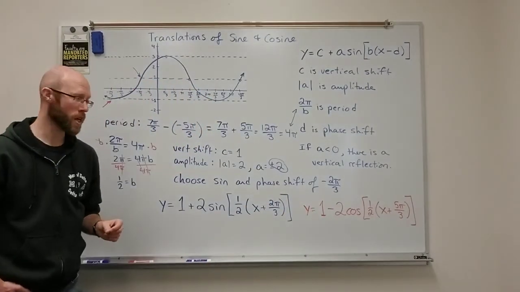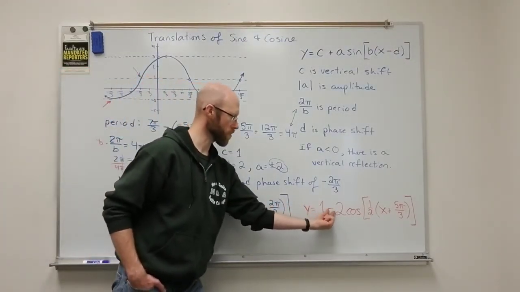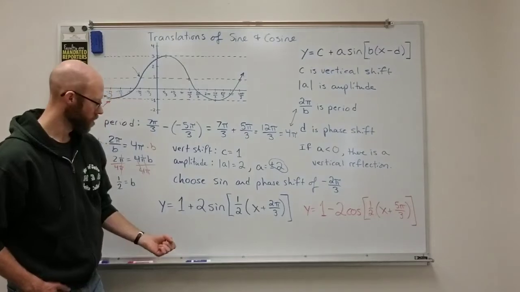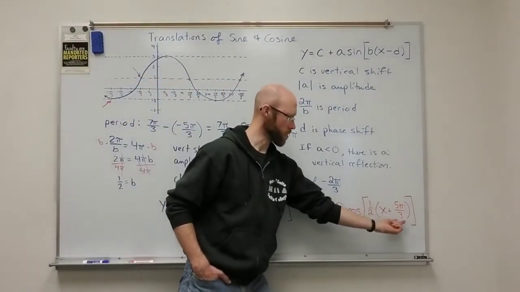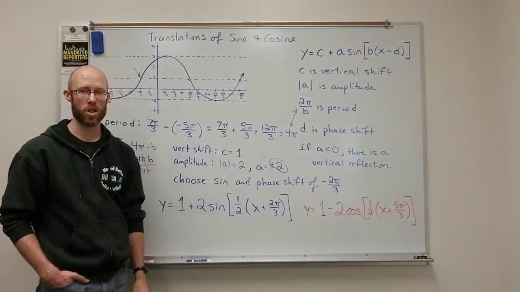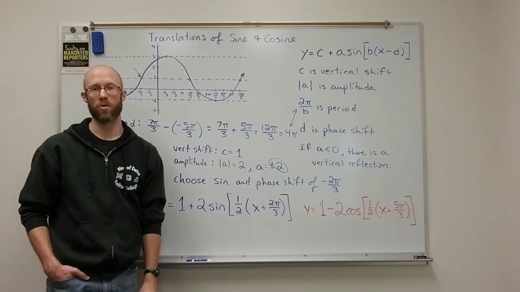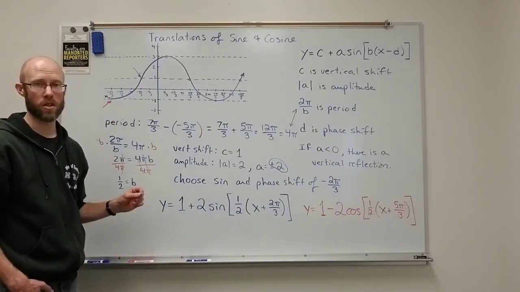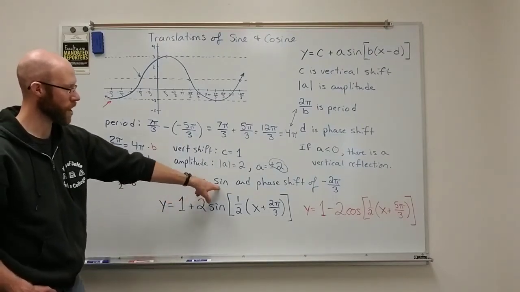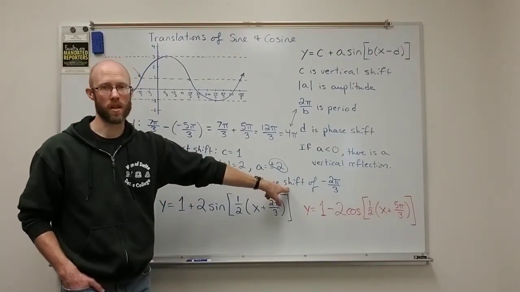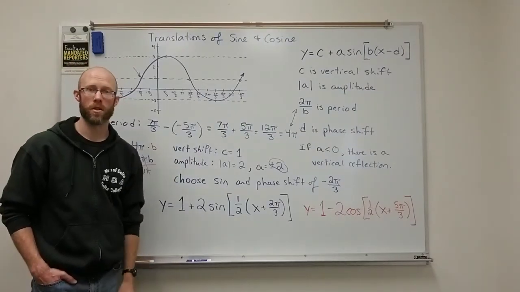So the only things that really change are whether the 2 is positive or negative, the amplitude there, whether you use the sine or the cosine, and what the phase shift is. Those are the things that could change depending upon where you choose your starting point to be and which function you use, sine or cosine. So you choose sine or cosine, and where your starting point is, your phase shift.